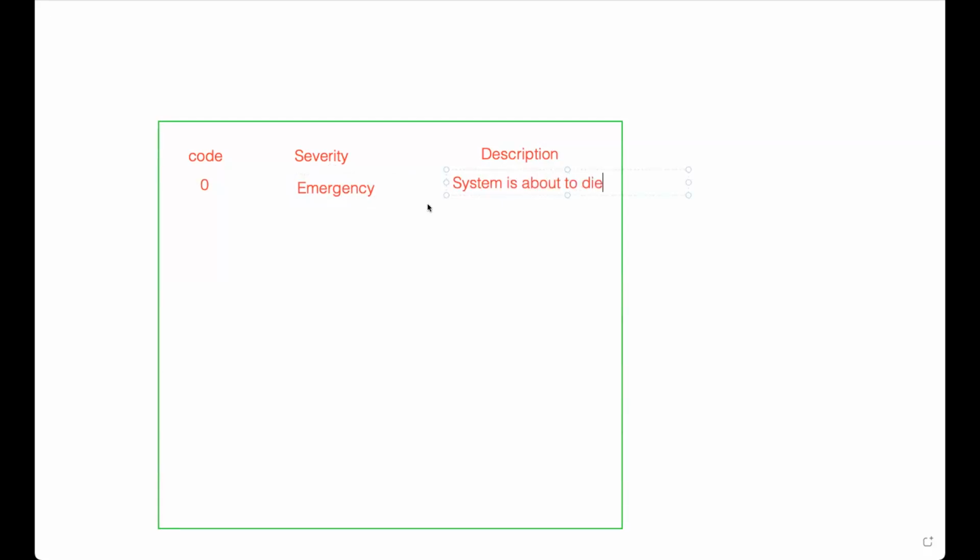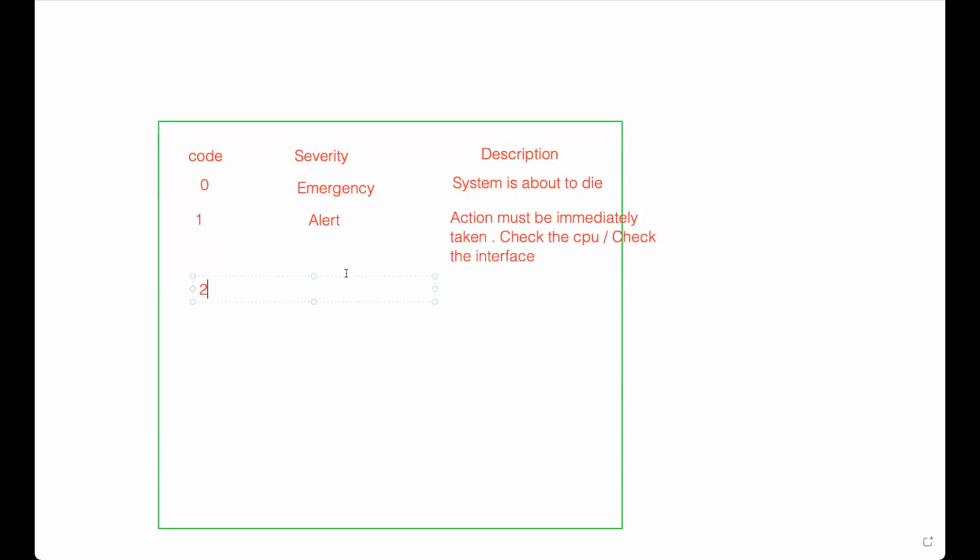Those are the emergency messages. Next is code 1, alert, meaning action must be taken immediately, like check the CPU or check the interface.